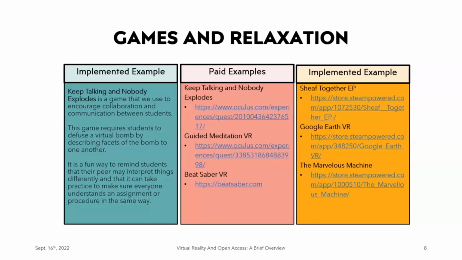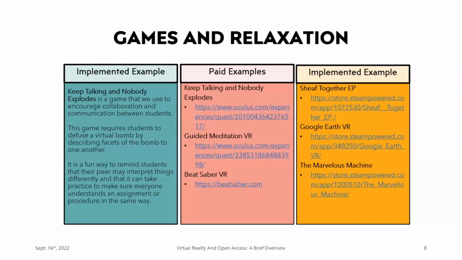It requires students to defuse a virtual bomb by describing facets of the bomb to one another. Basically, one student can see the bomb and other students cannot see it. So in order to make sure that the bomb is defused, students have to be able to pull together the different bits of information that they have in order to create a full picture and to work collaboratively to defuse this fake virtual bomb. It's a fun way to reinforce the importance of clear communication and working collaboratively with others.